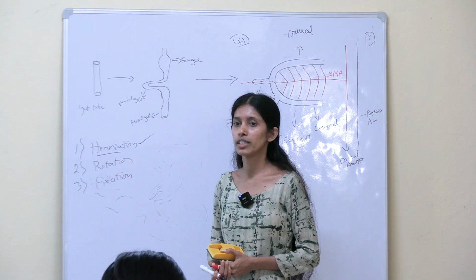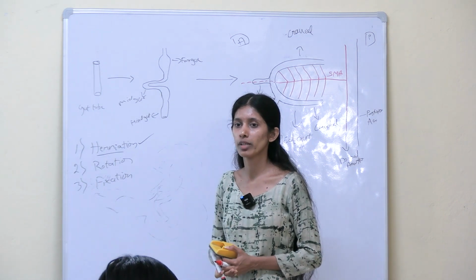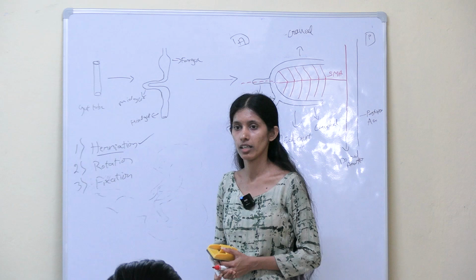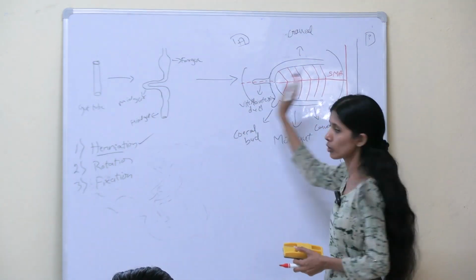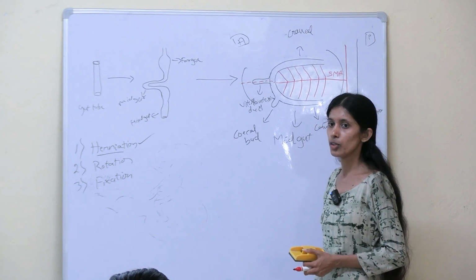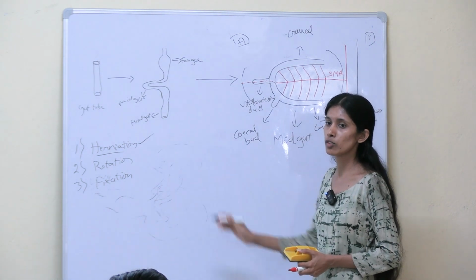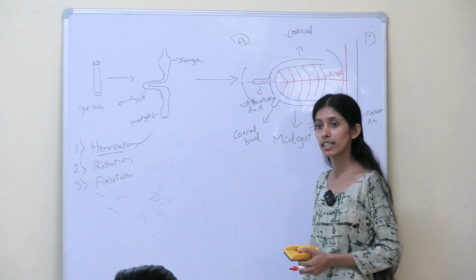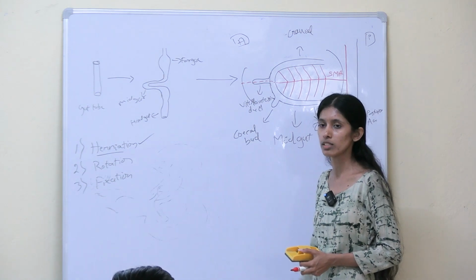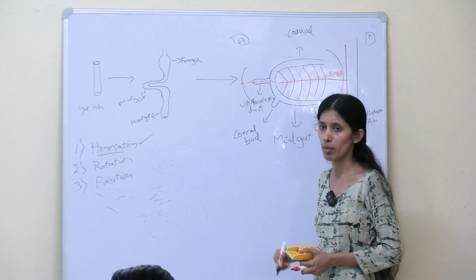Any structure that develops outside your abdominal cavity is called a hernia, right? I already mentioned this loop part will come out of the abdominal cavity due to the shortage of space, because the development and enlargement of the liver is also taking place, which causes the rotation of your stomach also.